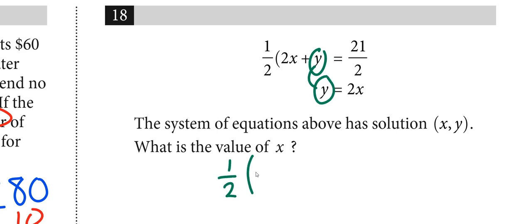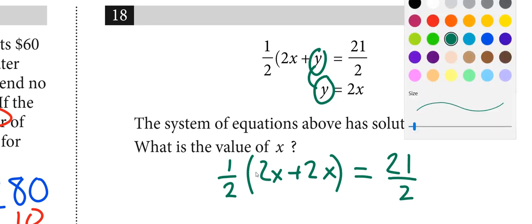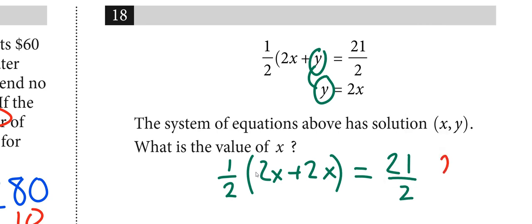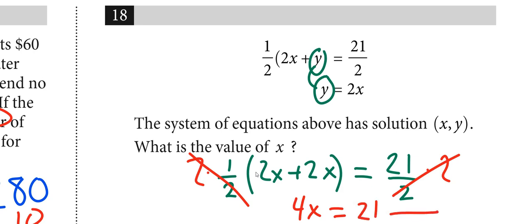So 1/2 times 2x plus 2x equals 21 over 2. Hey, what happens if I multiply both sides by 2? Things get a lot easier. 4x equals 21.